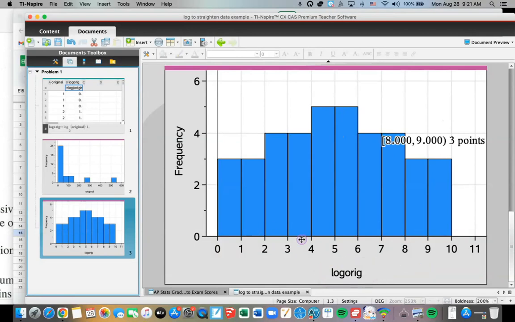So whatever values you're looking at represent the log of the data. To get your values back out of it, you'd have to undo the log. This is log base 2, so you'd have to do 2 raised to whatever power to get back to the original data. 2 to the 5th will get you back to the original data value, that kind of thing. Okay, so just be aware of that.